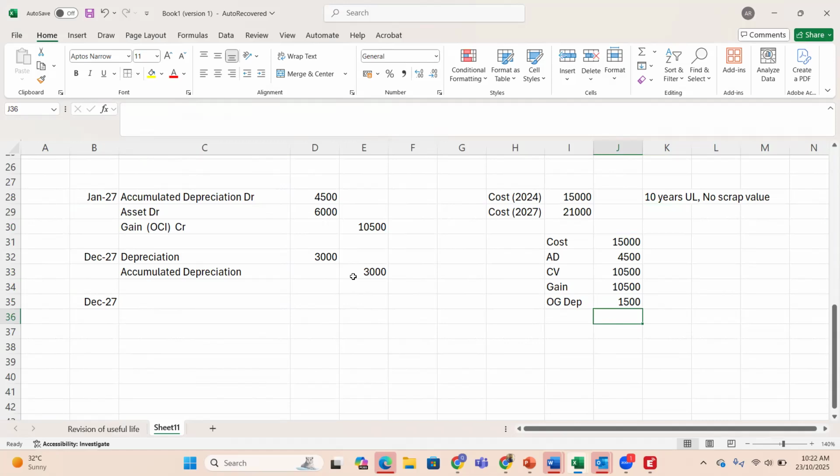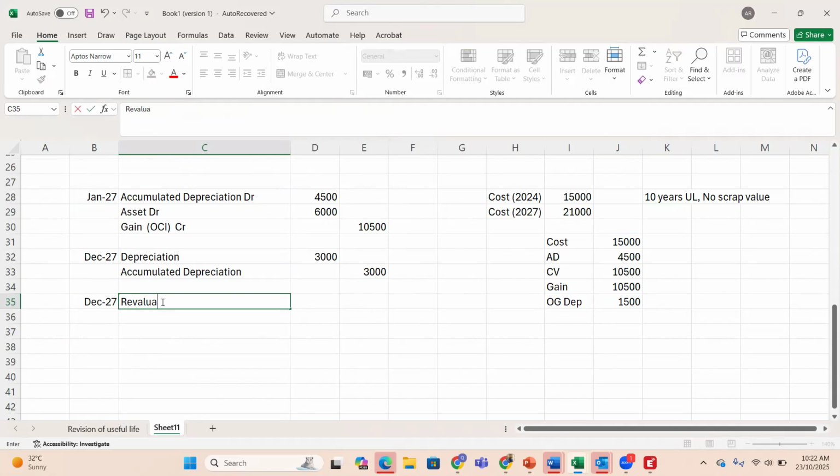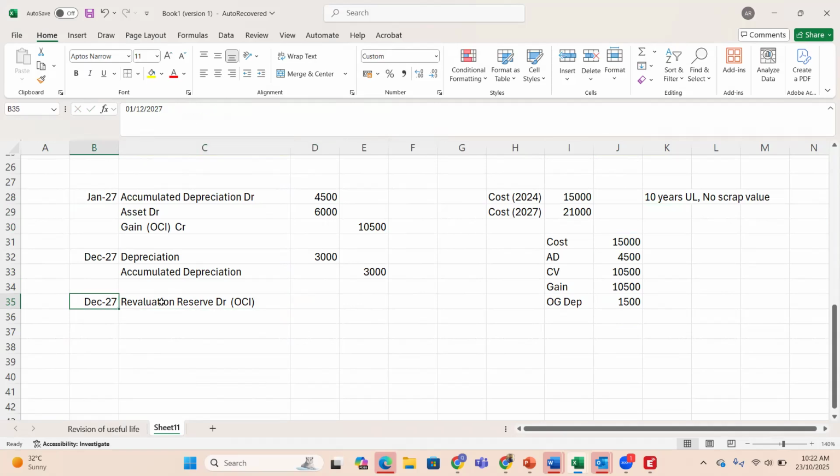So, as a matter of matching concept, we will transfer the amount proportionate to annual depreciation from the revaluation reserve. So what they say is, revaluation reserve. No need to keep that money there. From there, you transfer to retained earnings.